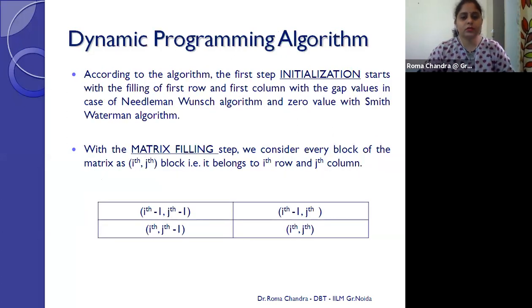So the three steps: initialization, matrix filling, and the traceback or backtracing step. The algorithm will work on these three steps. Following them, it will search out how the two sequences align to each other, trying to find the maximum similar regions, considering mismatches and gaps too.